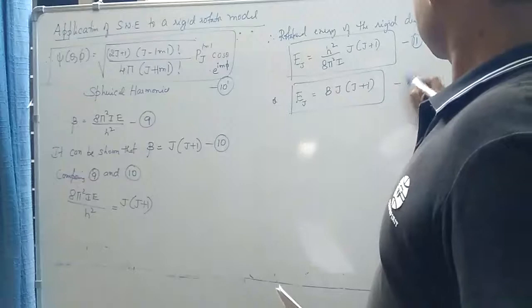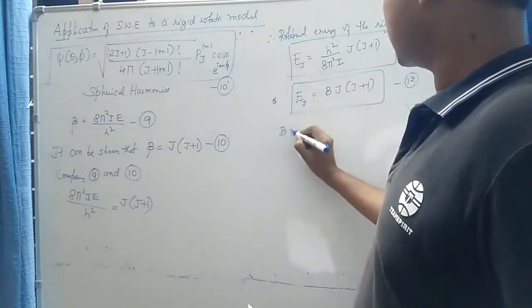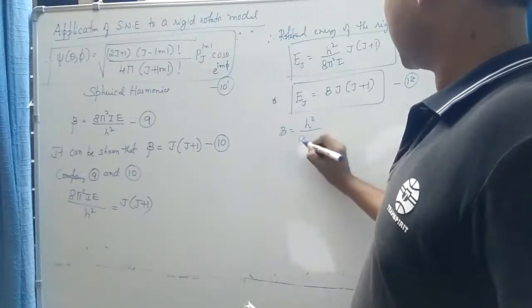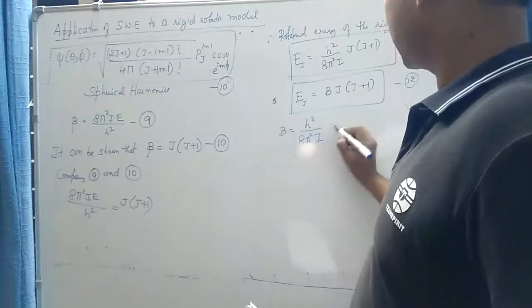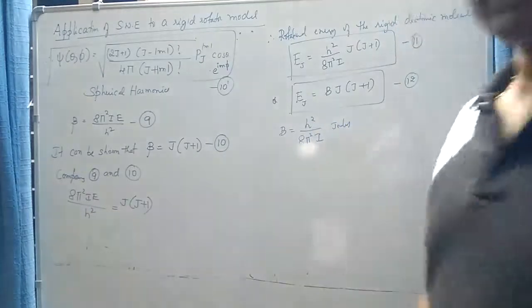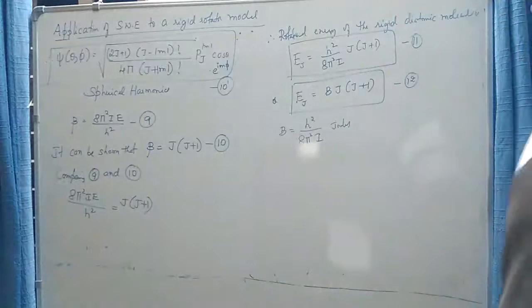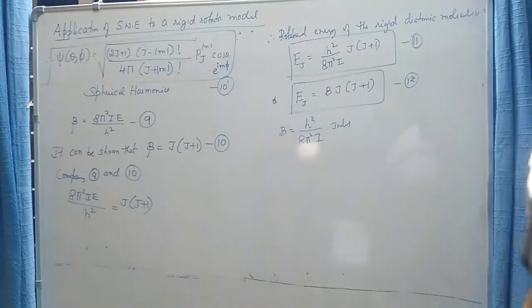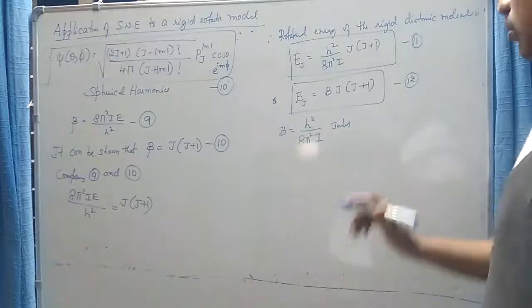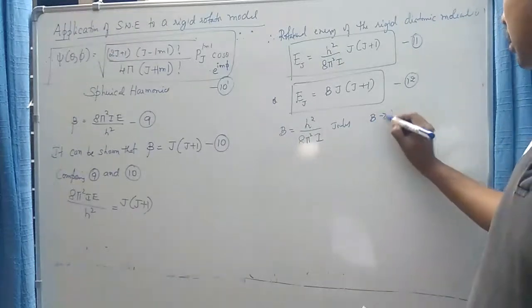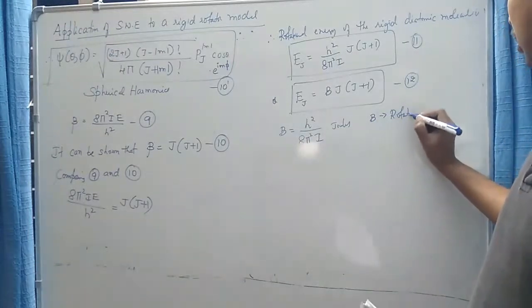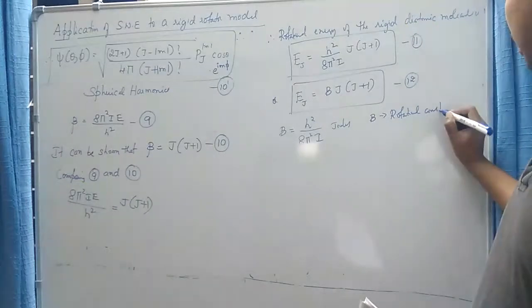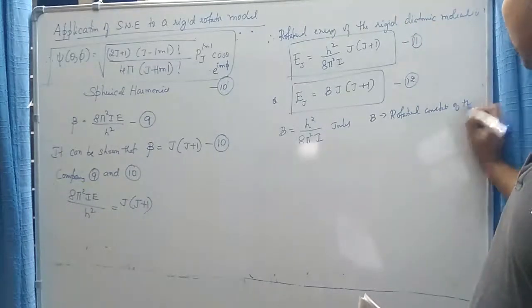Okay, this constant B is h square divided by 8 pi square I, expressed in the units of joules. Okay, probably you have used a quite different expression for this B in spectroscopy, because there we have expressed B in centimeter inverse units. Here we have expressed B in the unit of joules. So this B is nothing but the rotational constant of the molecule.